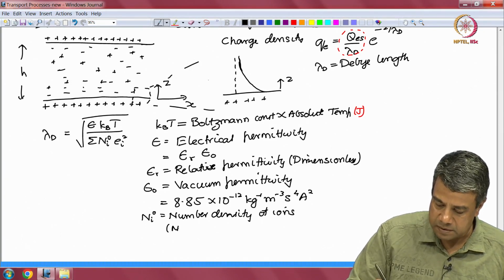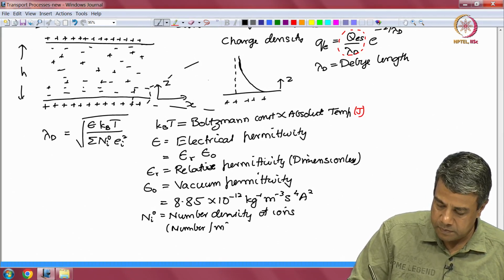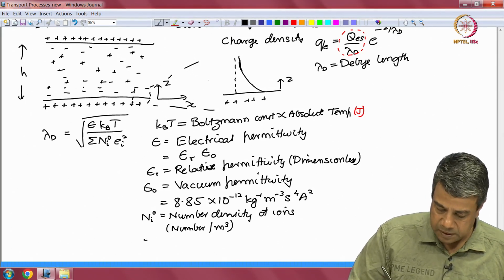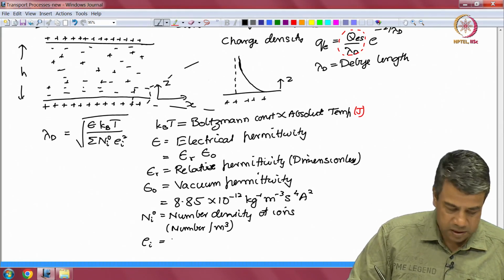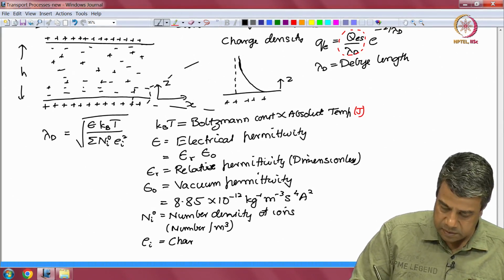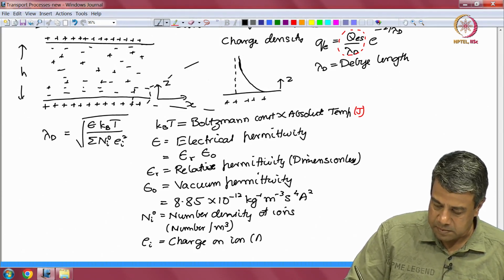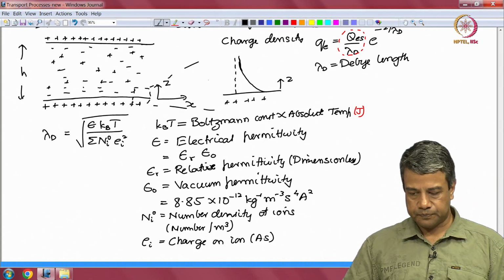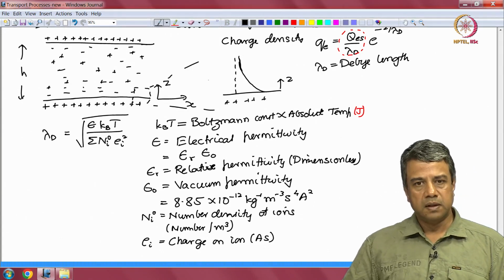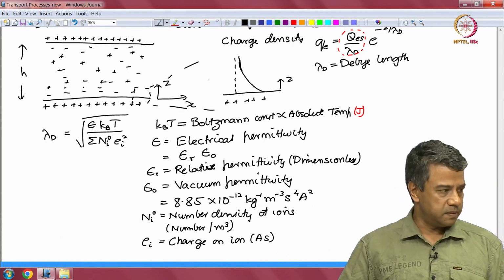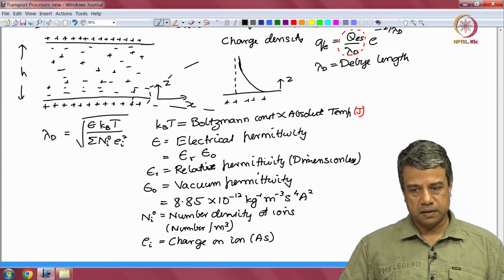This has dimensions of number per volume, and Ei is equal to the charge on the ion. This has dimensions of ampere second. So, these are the terms in this equation for the Debye length.